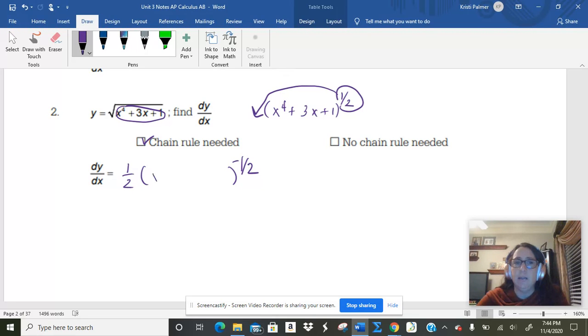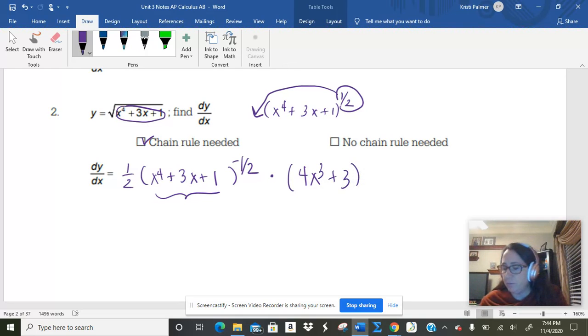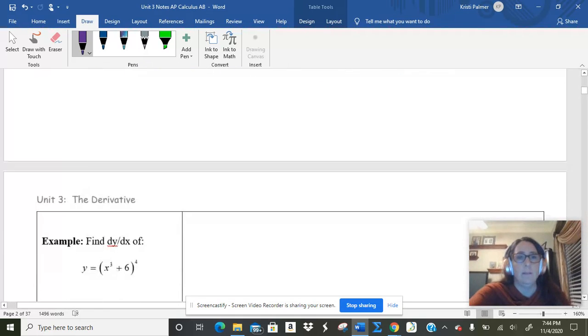So the inside alone just stays there. So that's the derivative of the outside times the derivative of the inside. And then feel free to reduce as much as you want. Okay. Let's do some more.